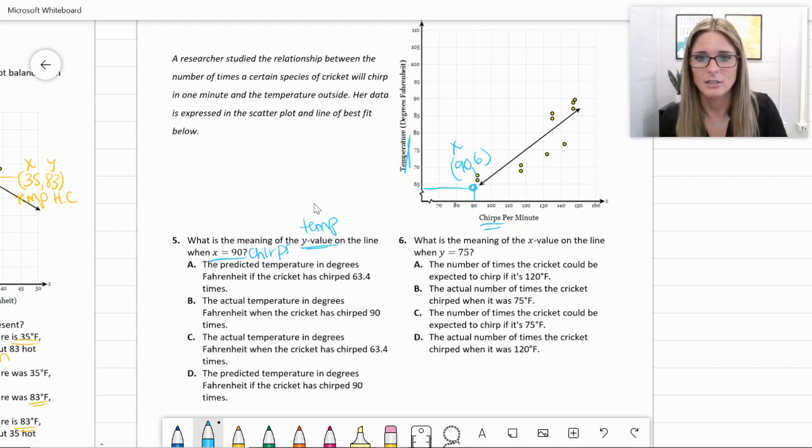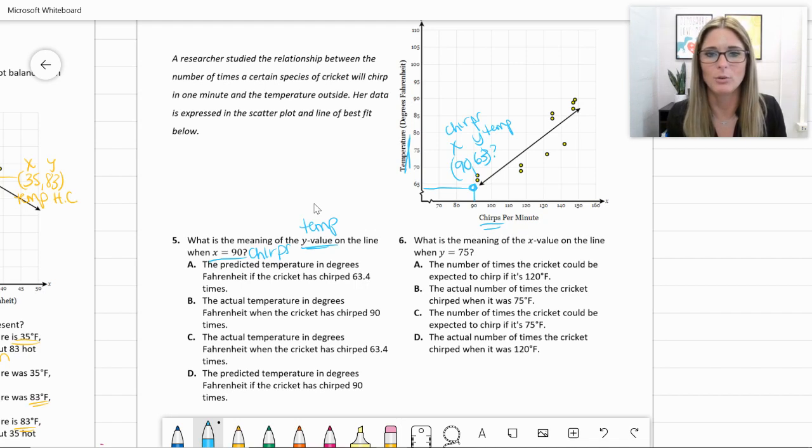It might be 63. That's a guess. X is our chirps. Y is the temperature. So let's see. A, the predicted temperature, maybe in degrees Fahrenheit if the cricket chirped 63.4 times. No, I know that the cricket chirped 90 times, right? There were 90 chirps. That's what I know.